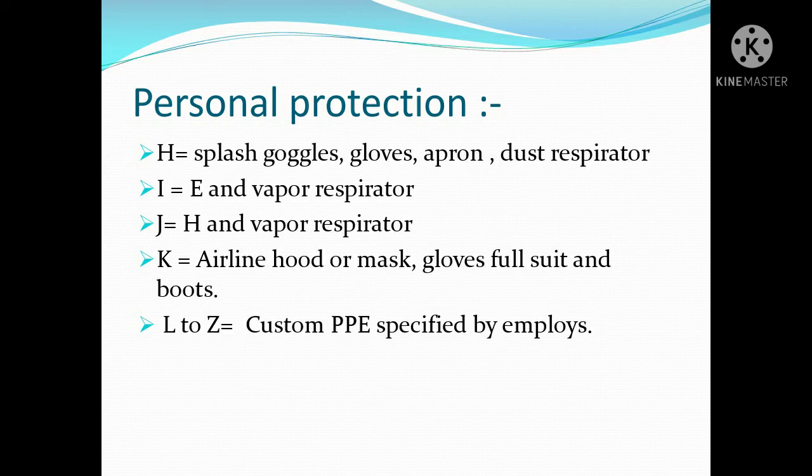I includes E and a vapor respirator, while J includes H and a vapor respirator. K stands for airline hood or mask, gloves, full suit and boots. L to Z is custom PPE specified by employers.